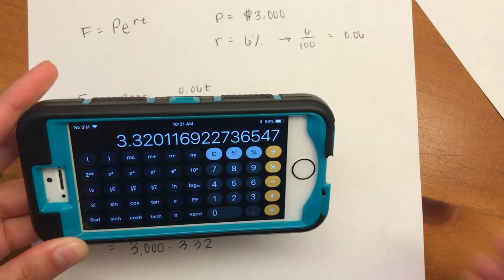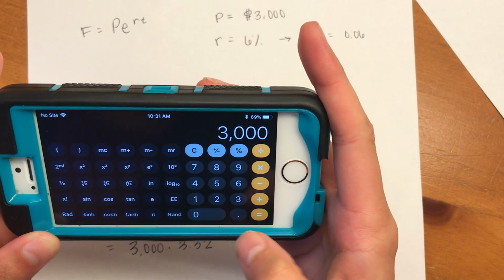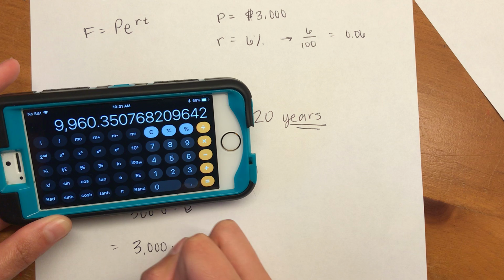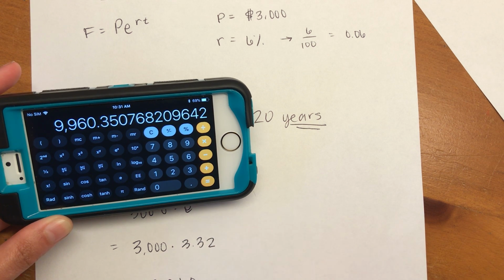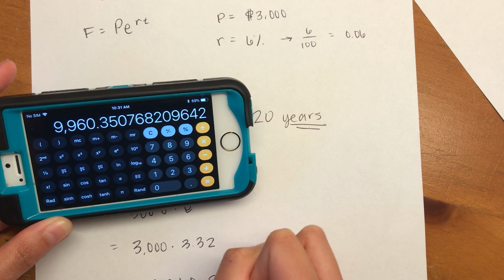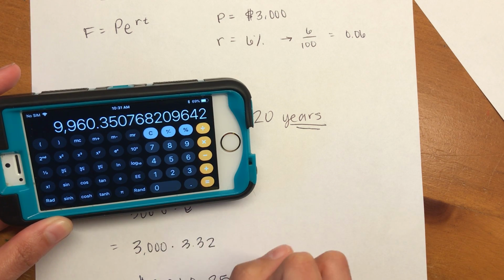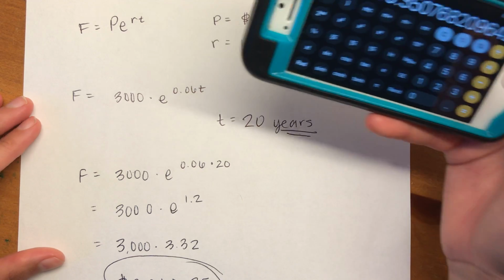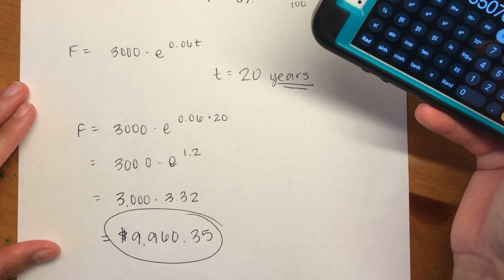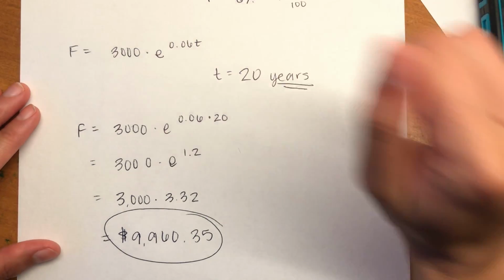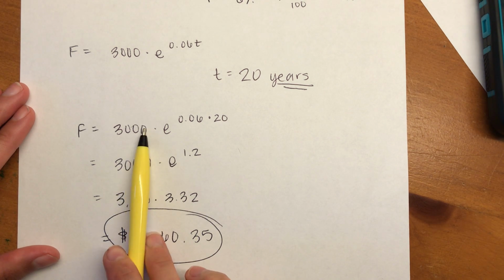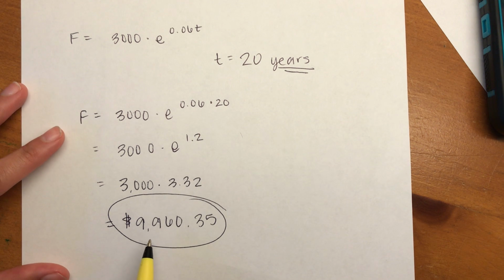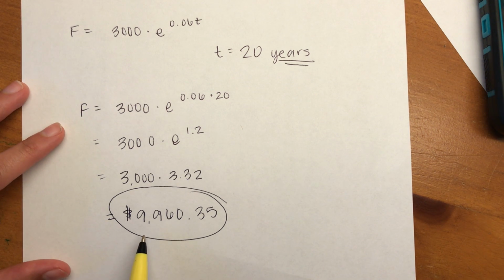So I'm going to multiply this by 3,000. And it looks like after 20 years, Marcel will have $9,960.35 in his retirement account. Okay? So, in 20 years, Marcel, who initially deposited $3,000 into his retirement account, since it's compounding continuously with an interest rate of 6%, now he has almost $10,000.